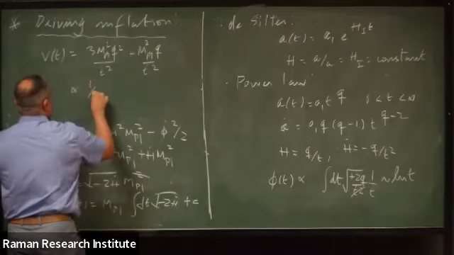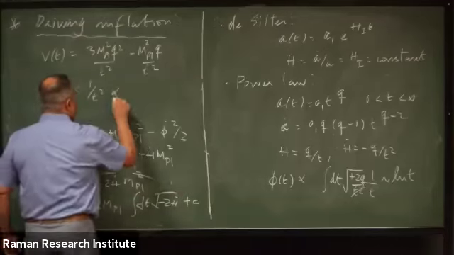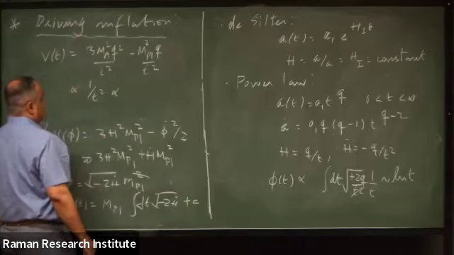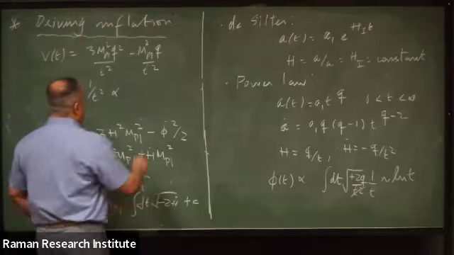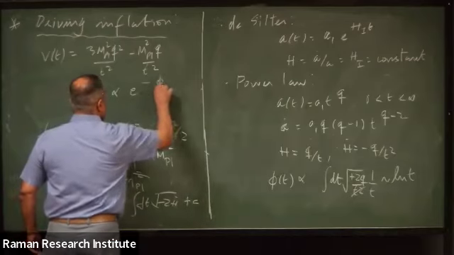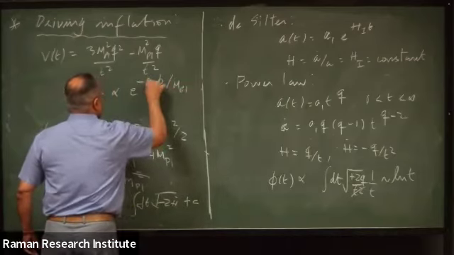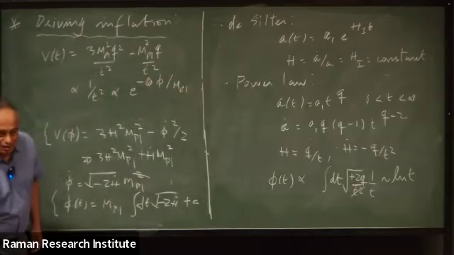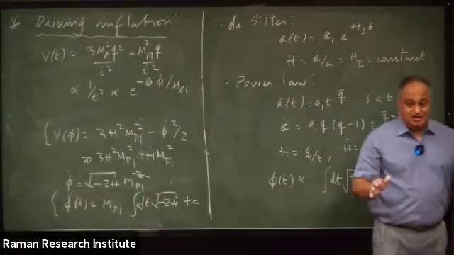So this is proportional to 1 over T squared, which is proportional to, you have to be careful with the constants, exponential minus phi by MPL with some overall constant which you need to fix. Is that clear? Yes.